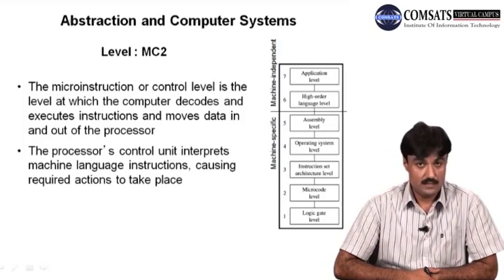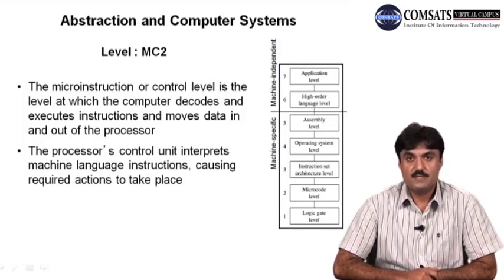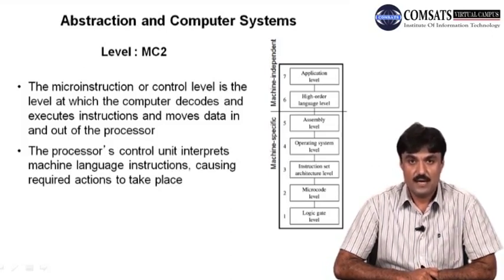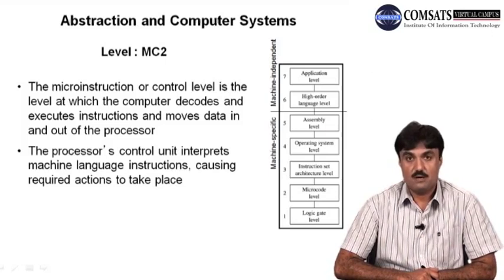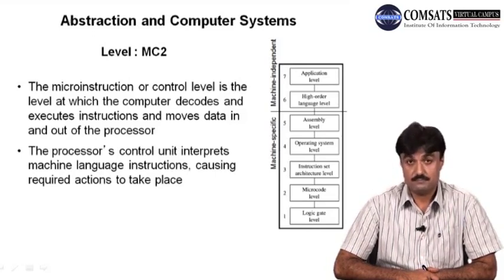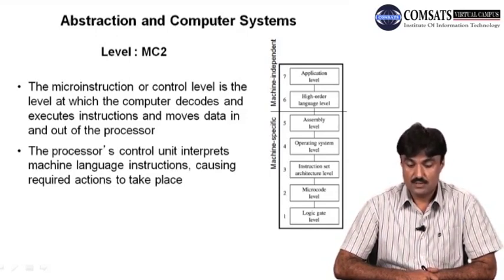As we discussed in the previous slides, microcode is the representation of code, program or data in binary format, in the form of zeros and ones, or machine instructions, or microinstructions. The microinstruction or control level is the level at which the computer decodes and executes instructions and moves data in and out of the processor. The processor's control unit interprets machine language instructions, causing the required actions to take place.